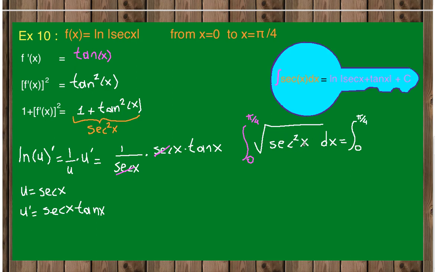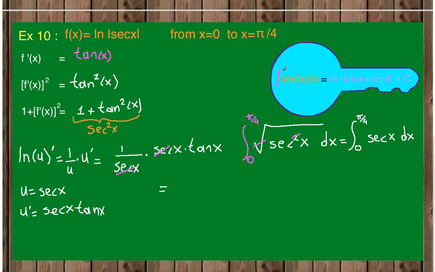Secant squared of x goes out of the radical sign as secant x. Here, the square cancels the square root. So our integral is from 0 to pi over 4 of secant x. Now we're going to find the antiderivative of this integral and calculate the boundaries.